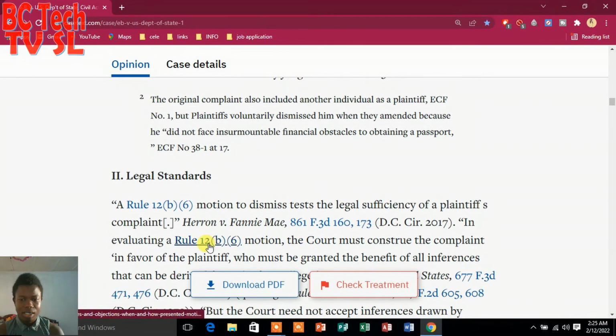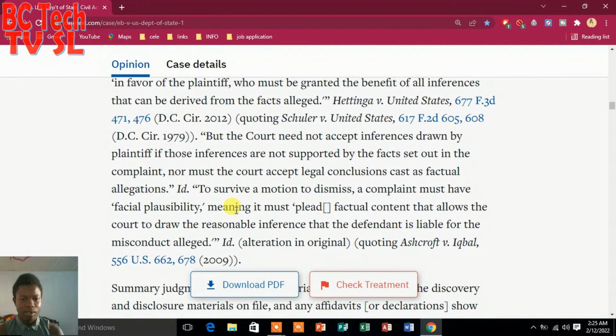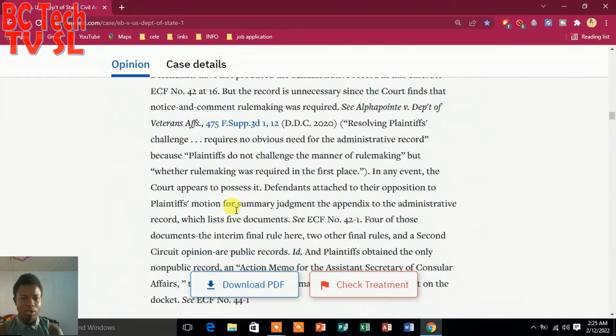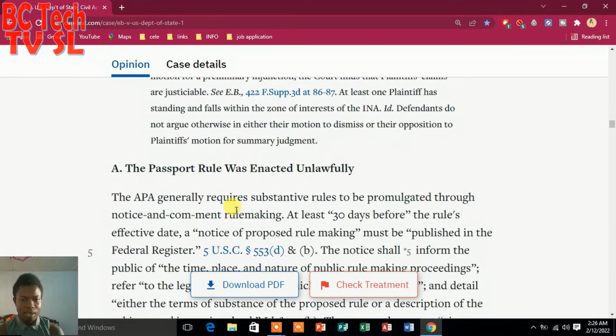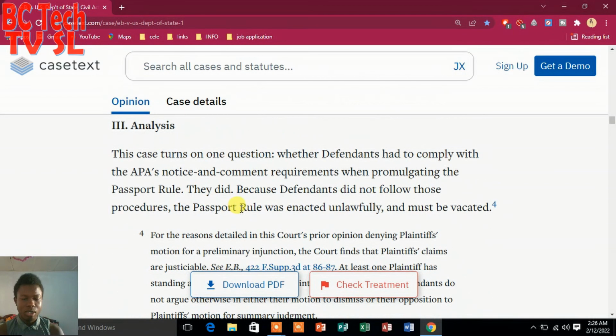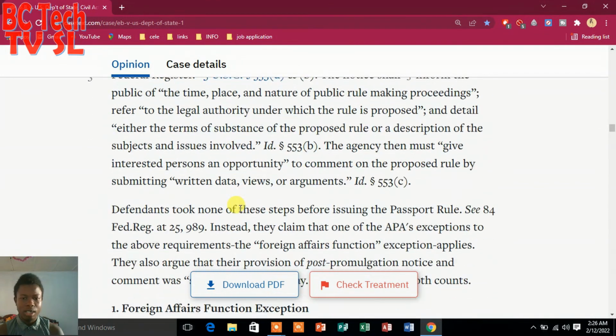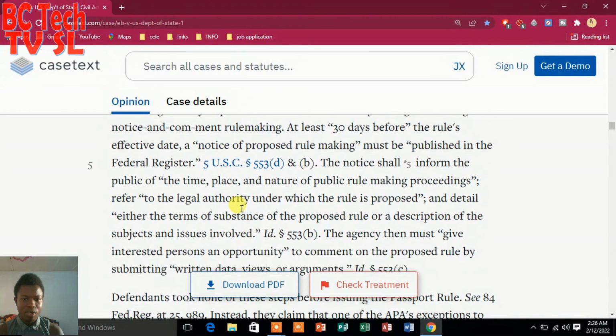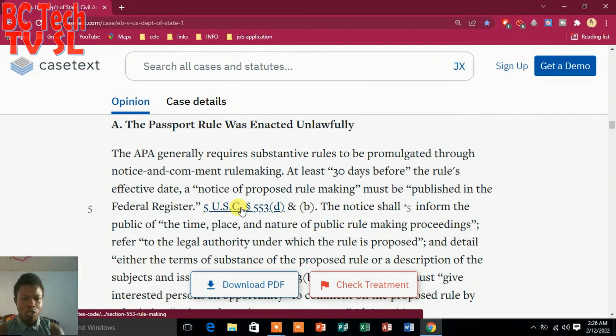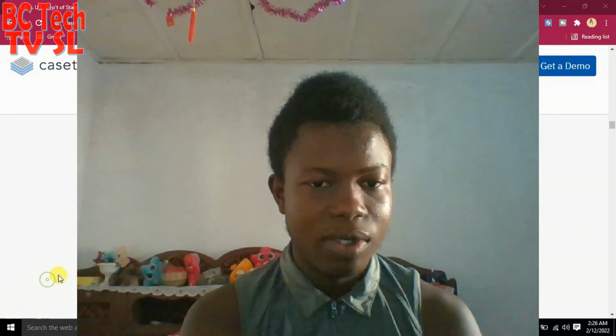So this is it. The link will be in my description below, where you will go and click the link so you will read this yourself. Take your time to read everything and understand. This is the official letter from the Department of State that was issued to court, based on the rules of using passports during the diversity visa application.